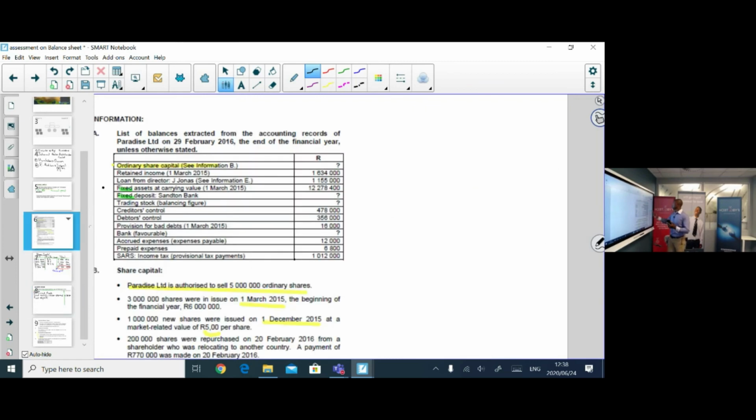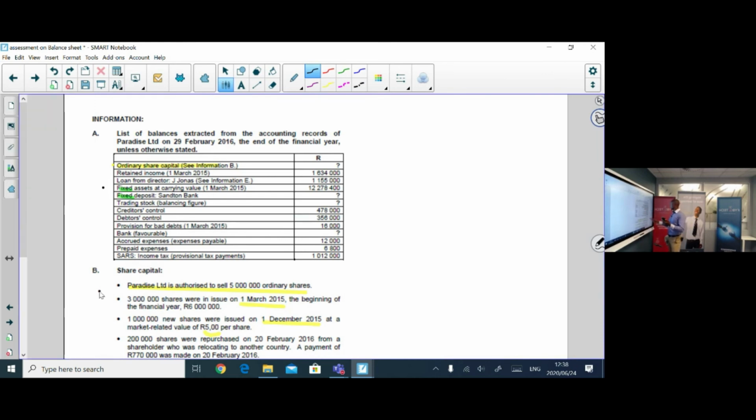We haven't been given any balance here, so you have to check what the notes say about the fixed deposit.